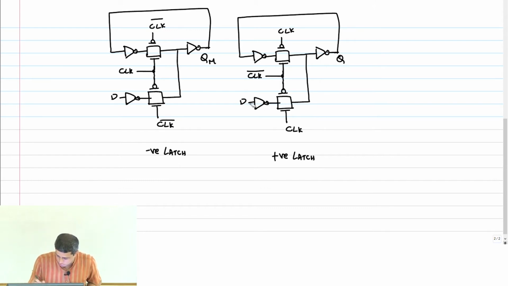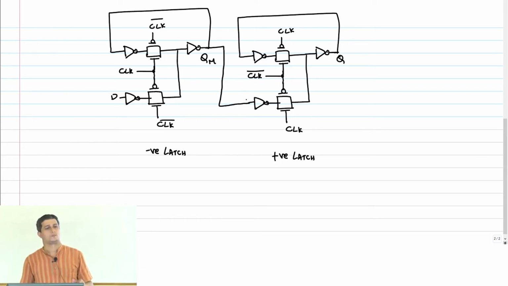Right? And where should QM go? It should basically go to the D connection here. Right? Remember that you can do this wire or only at the output of a transmission gate. Okay? So clear? Now let's try to analyze what the setup, the hold time and the clock to Q delays are of this flop. Okay, so let us do the delay analysis.